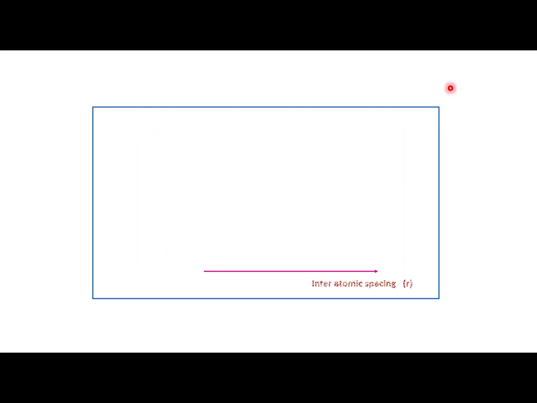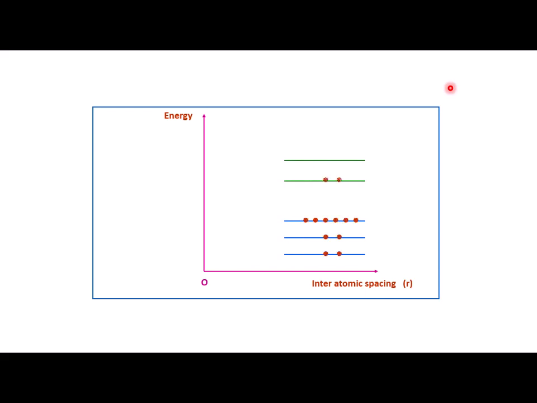Now, let us draw a plot between the interatomic separation, or interatomic spacing R, and the energy levels for this crystal of silicon consisting of n number of atoms. In this crystal, 2 electrons are there in 1s2, 2 electrons in 2s2, and 6 electrons in 2p, 2 electrons in 3s and 2 electrons in 3p.